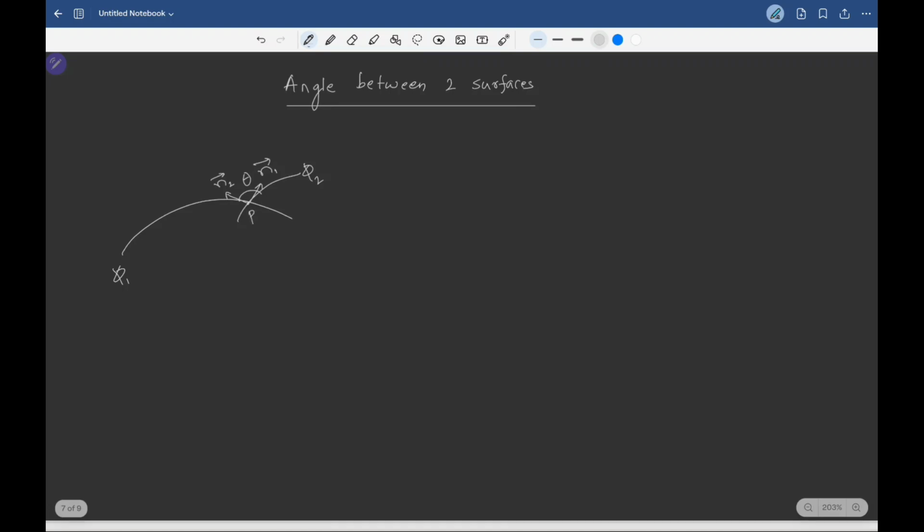So how can we write the angle between any two surfaces?